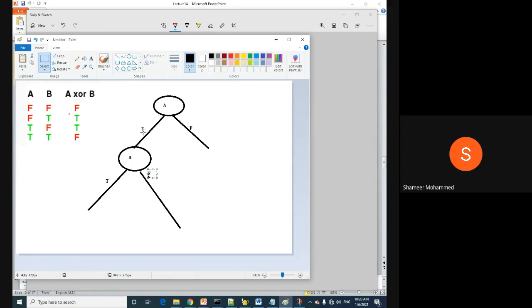If A is true and B is true, the result is false here. Similarly, if A is true and B is false, the result is true.